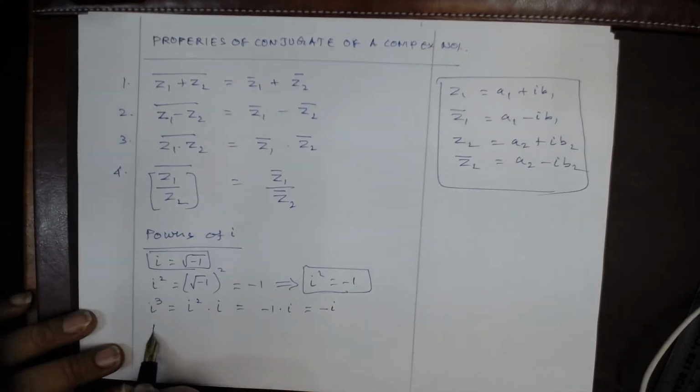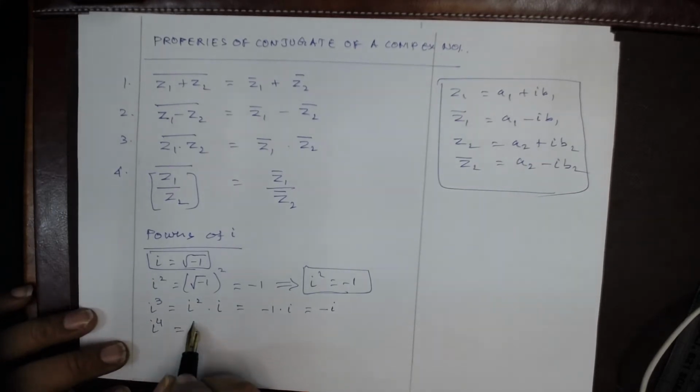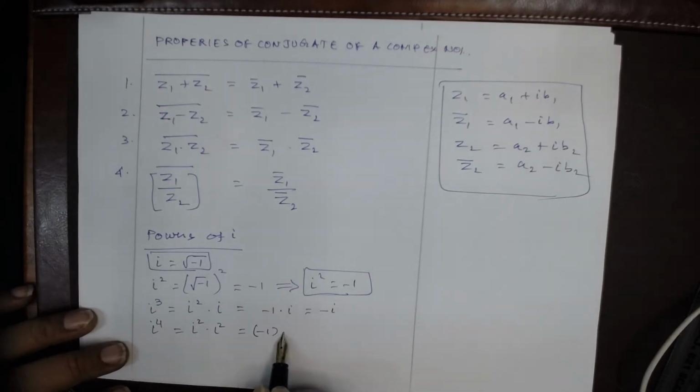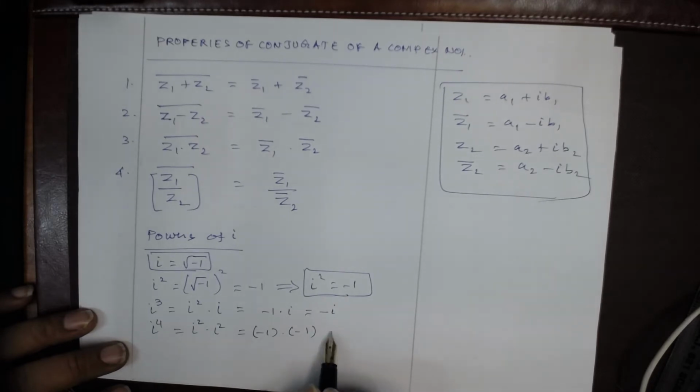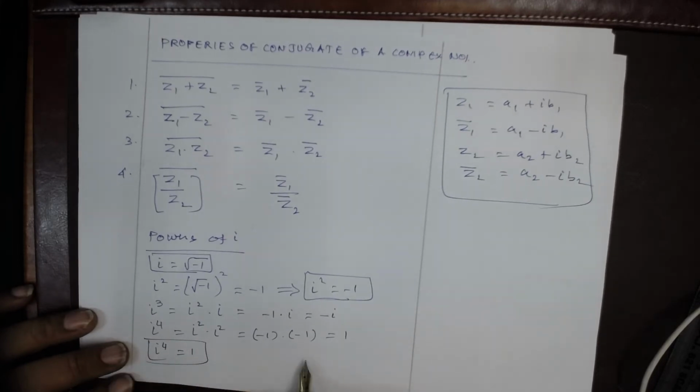Okay. And then i power 4. That is i power 4 can be written as i squared dot i squared. So i squared is equal to minus 1. Another i squared is equal to minus 1. So minus 1 into minus 1 is plus 1. Therefore i power 4 is equal to 1. i power 3 is equal to minus i.